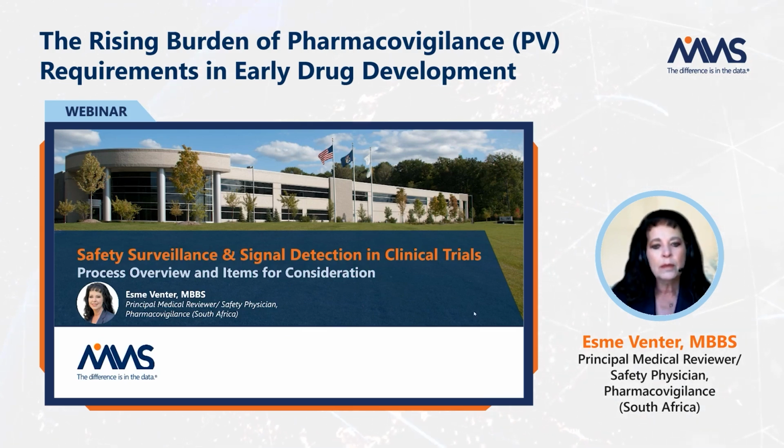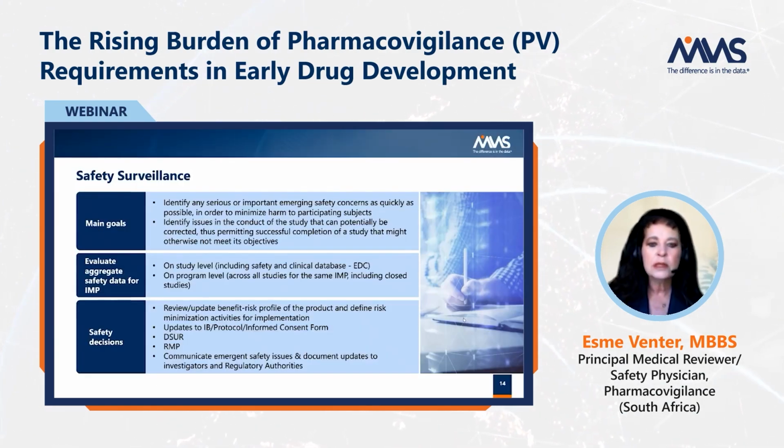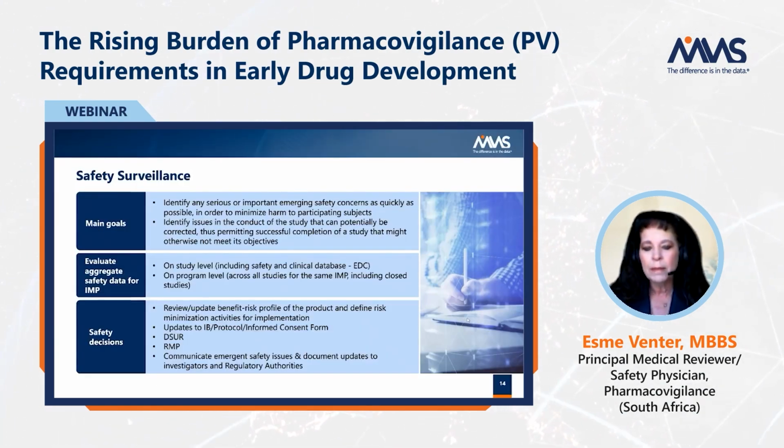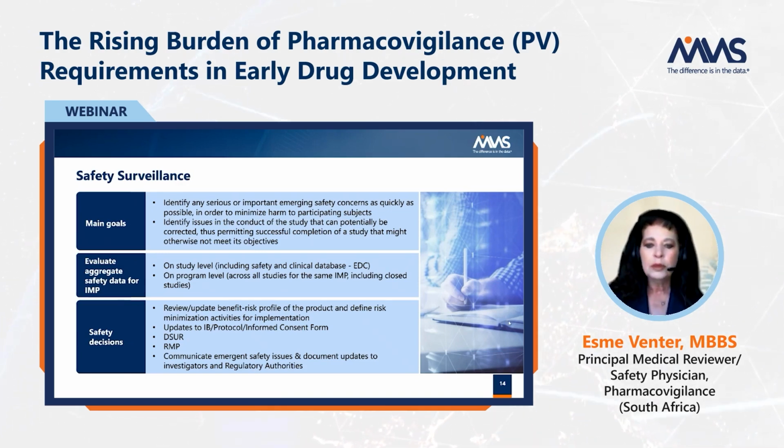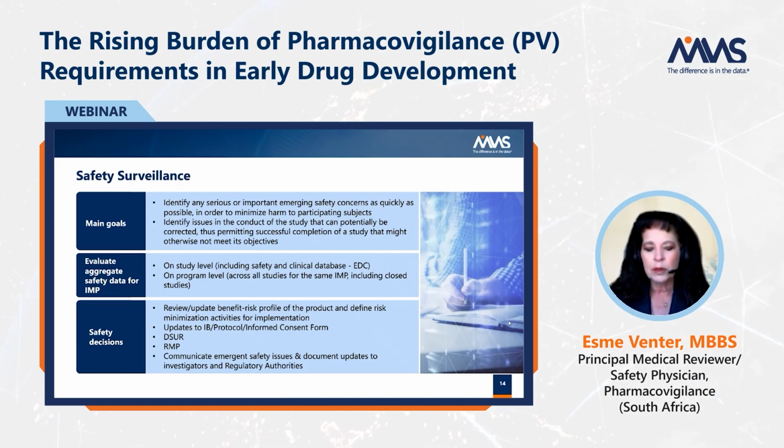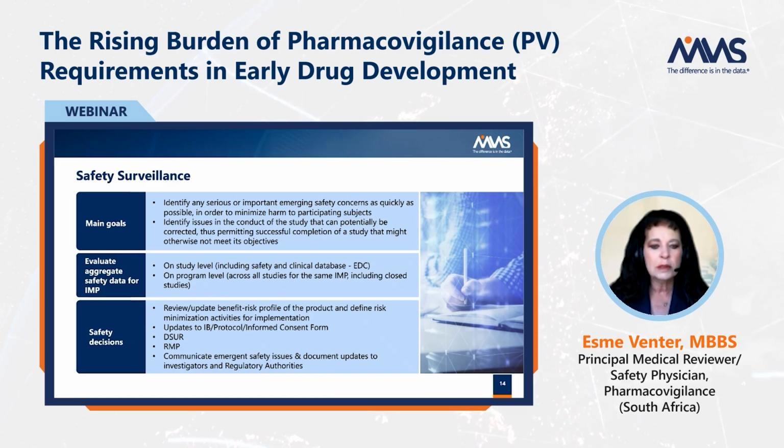The overall aim of collecting safety data in interventional clinical trials is to establish the safety profile of a drug and thus to determine the benefit-risk profile before marketing, while protecting patients during the development process and communicating relevant and important information about the suspected adverse effects to investigators and regulatory authorities.